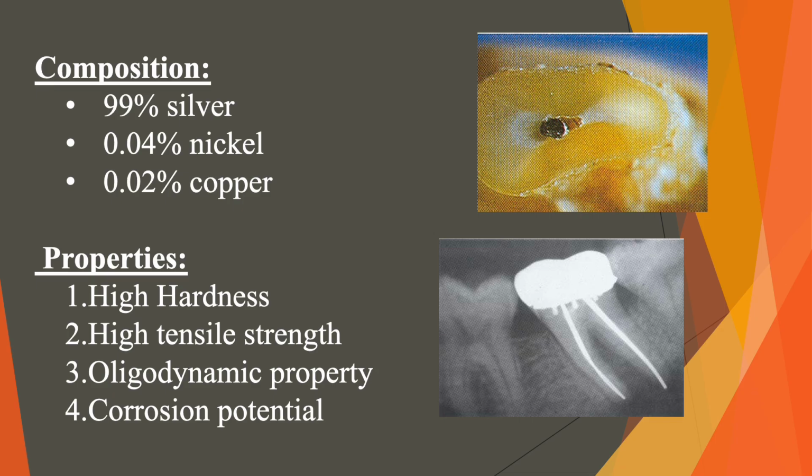It's not flexible, so we can put it in the root canal. But they were using it like a single cone, which nowadays is a very bad technique. Silver cone, single cone. High resistance to tensile strength. It has an oligodynamic property and corrosion.